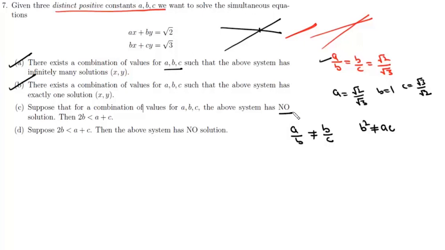Now for no solution, these two lines, they must be parallel and they must not be same. So in that case, we'll have A upon B, it must be equal to B upon C, but it should not be equal to root 2 upon root 3.